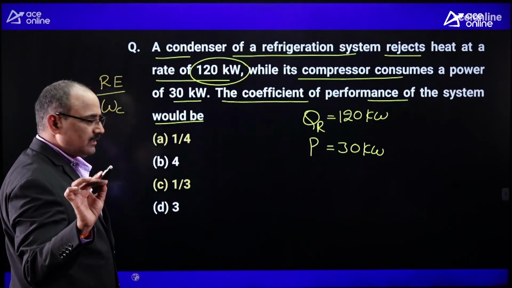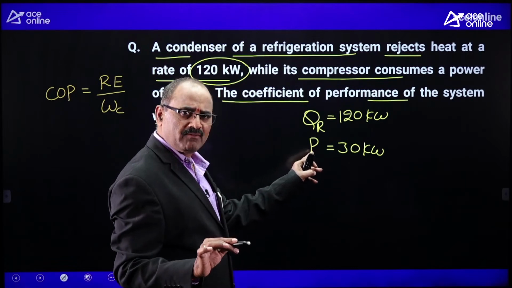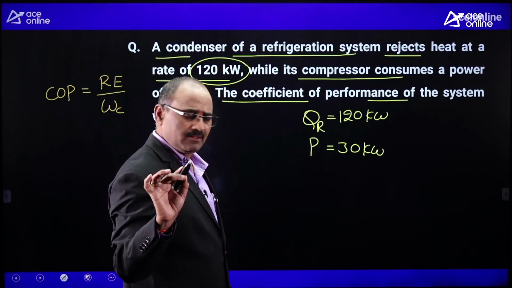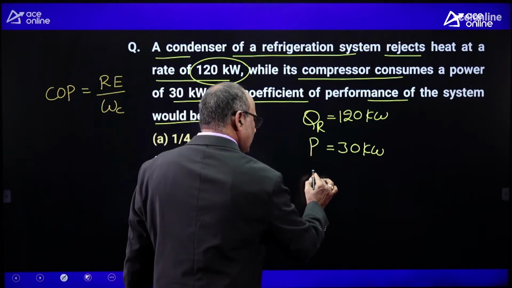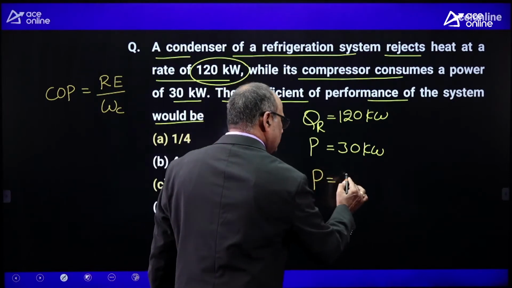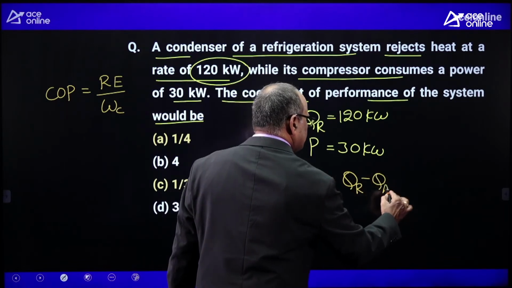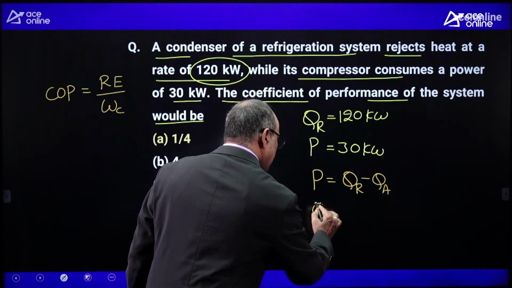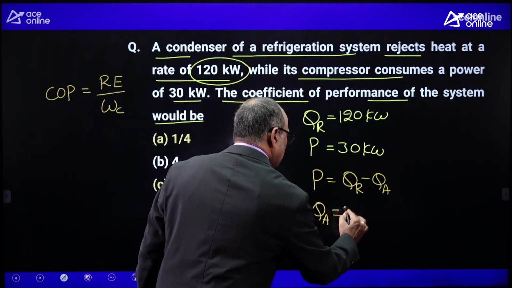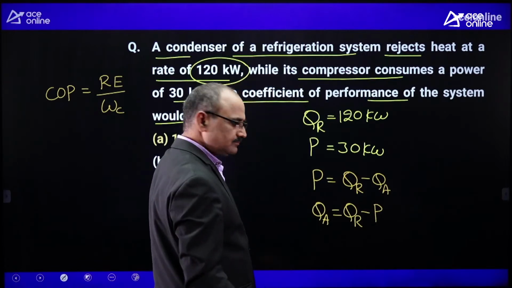That refrigeration effect you need to decide from the heat rejection and power of the system. As you know, for any refrigeration system, the power input is equal to heat rejection minus heat absorption. The heat absorption is equal to heat rejection minus power input.